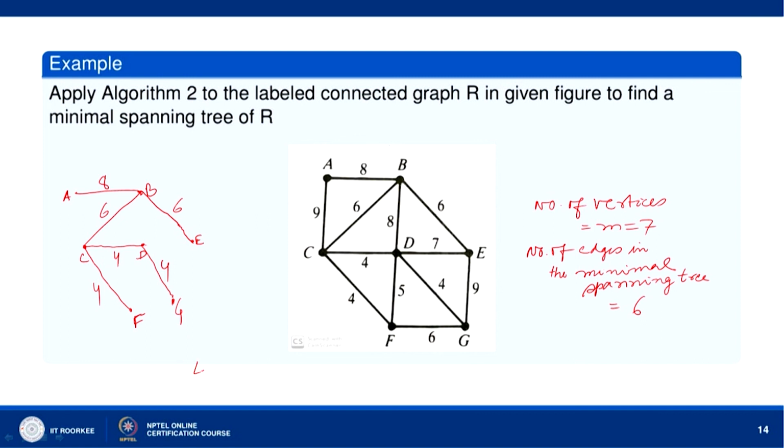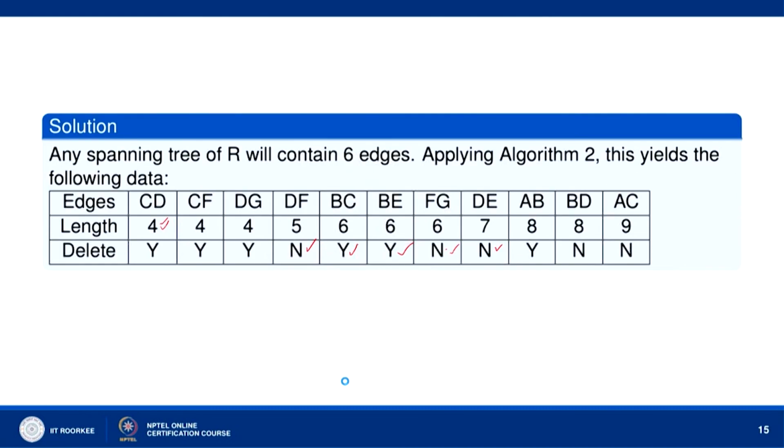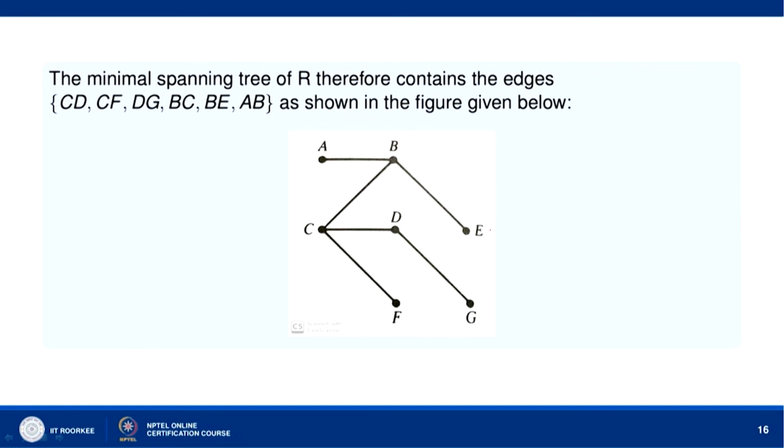So, the length sum is equal to 32. So, we can draw the minimal spanning tree by applying the algorithm in this case. We have got the sum length equal to 32 and we have this figure of the minimal spanning tree.